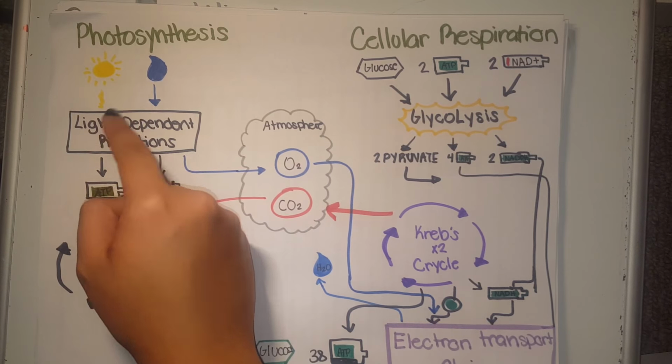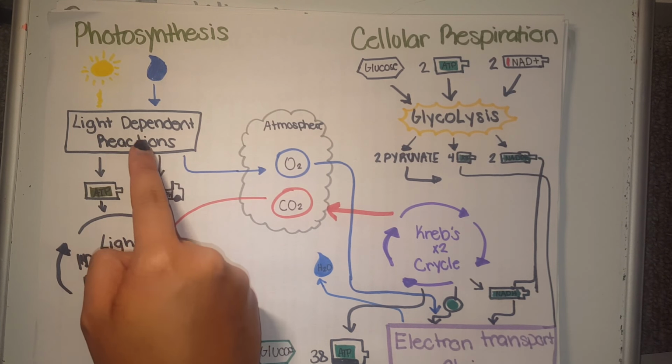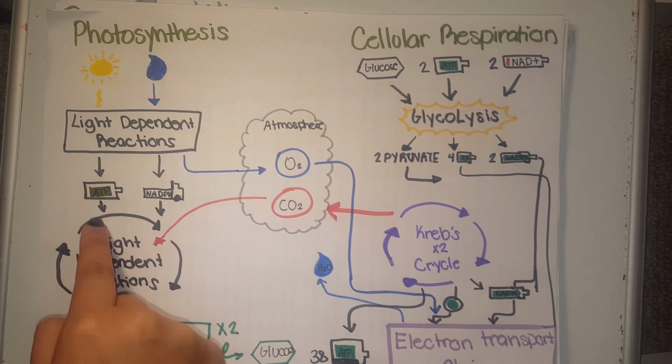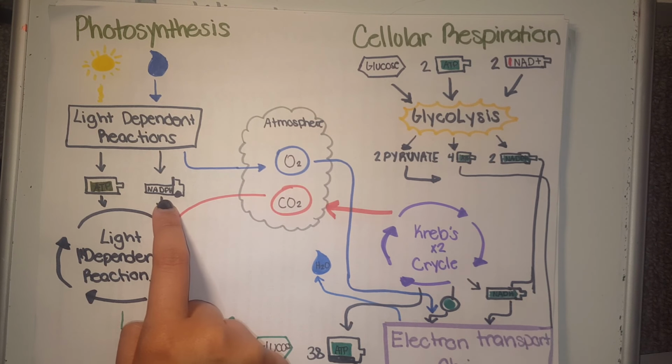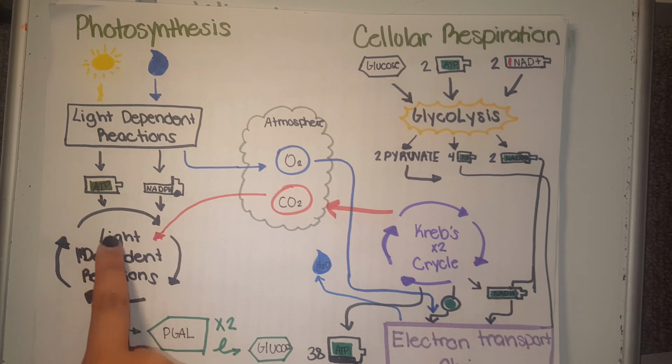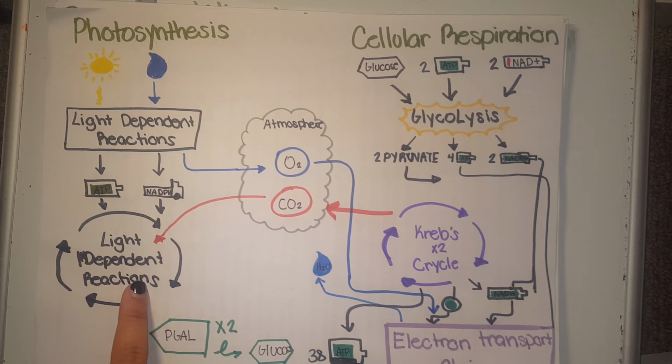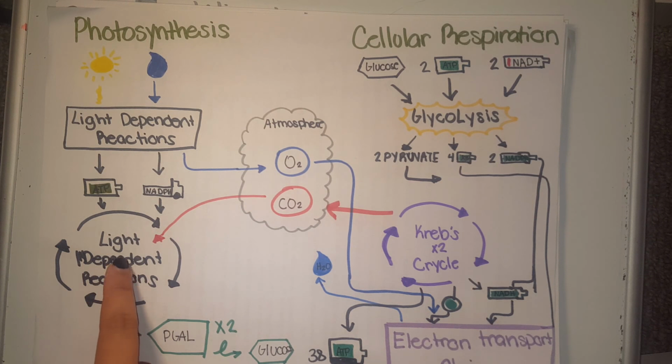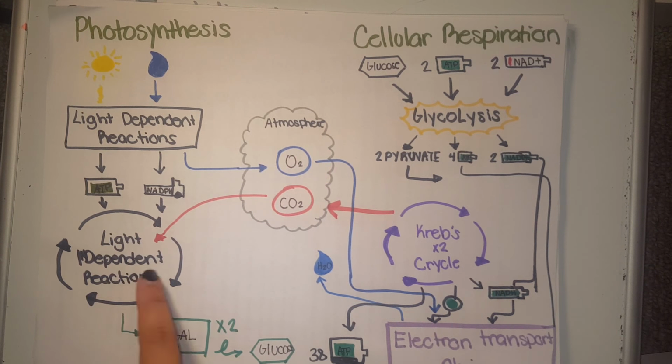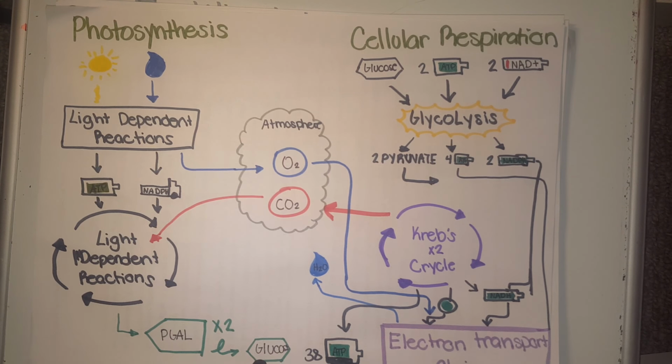We have the sun and the water going inside the light-dependent reaction, which is the first stage, where it produces ATP and NADPH. Next, the ATP and NADPH go through the second cycle, the light-independent reactions, where it goes in a circle like this, producing PGAL twice and glucose.